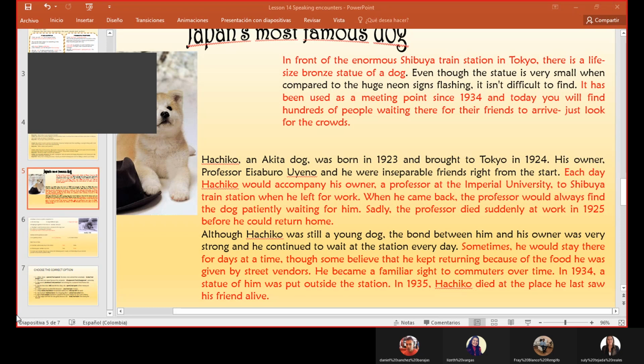Though some believe that he kept returning because of the food he was given by street vendors. He became a familiar sight to commuters over time. In 1934, a statue was put outside the station. In 1935, Hachiko died at the place he last saw his friend alive.